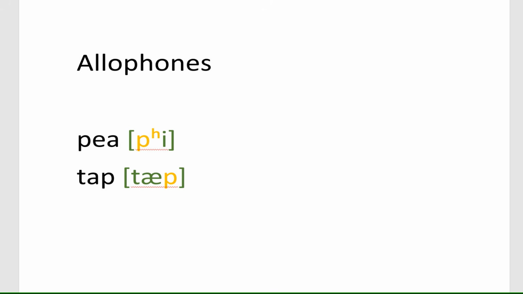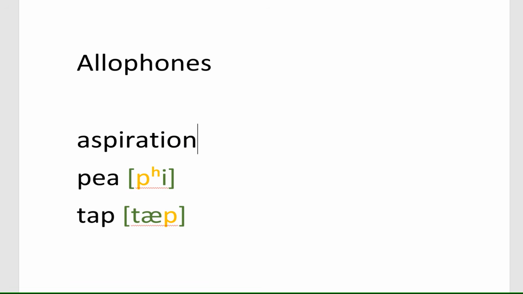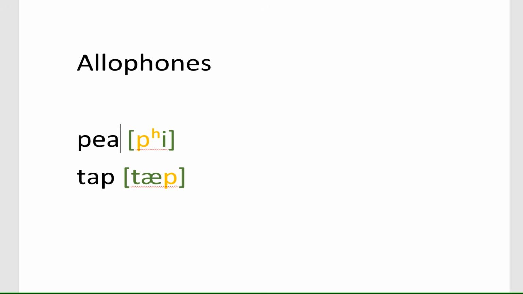This puff of air, which is indicated by this superscript h, is called aspiration. We say that pa, the p, is aspirated. So the p here is aspirated, here it's not aspirated.